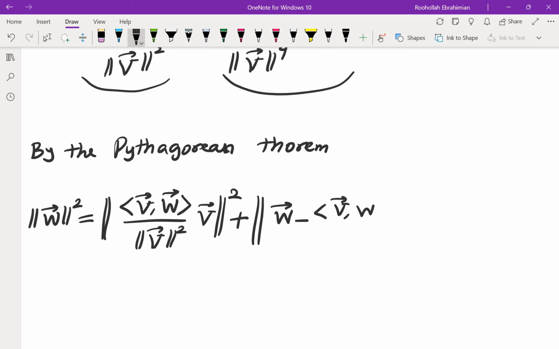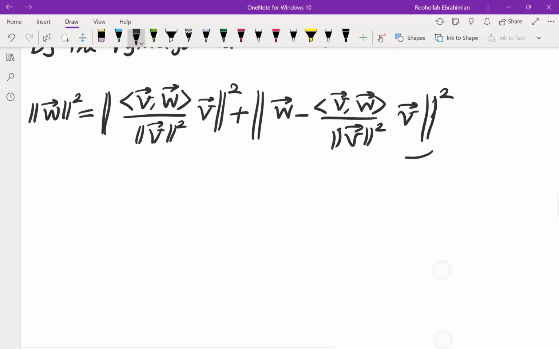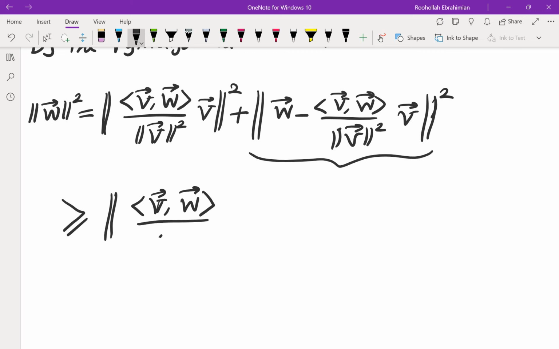These were the two vectors that were orthogonal, v squared. Now, the second quantity is of course greater than or equal to 0. So therefore, this is greater than or equal to the length of the inner product of v and w over the length of v squared, times v squared.